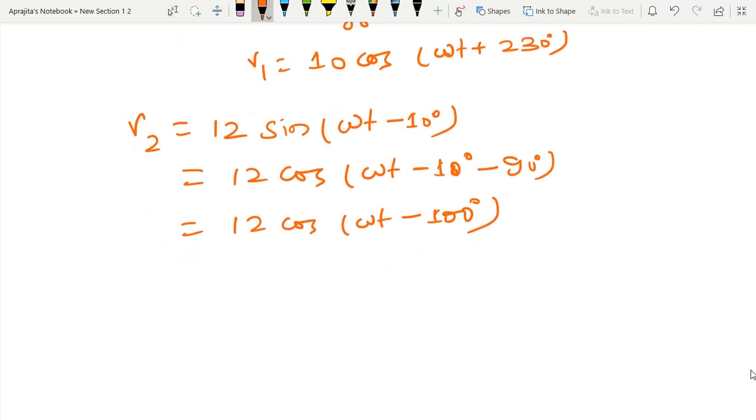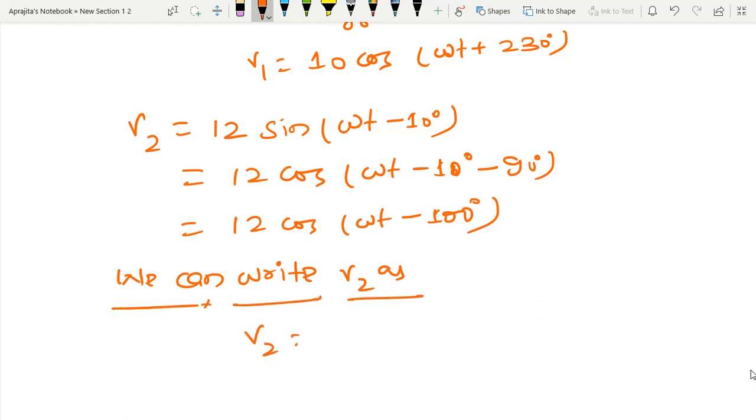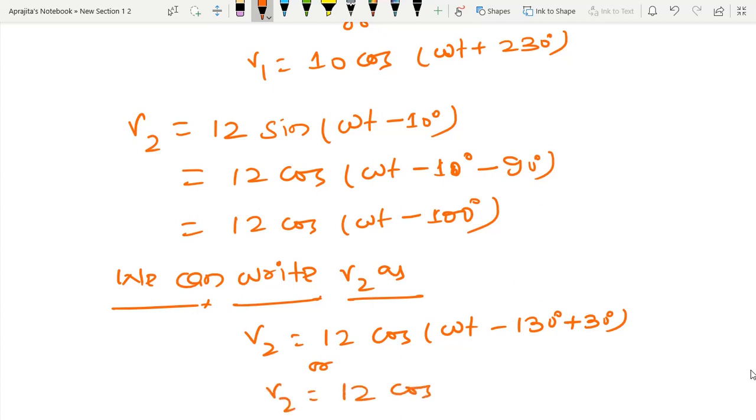We can further write V2 as 12 cos(omega t minus 130 degree plus 30 degree), or at the same time 12 cos(omega t plus 260 degree).